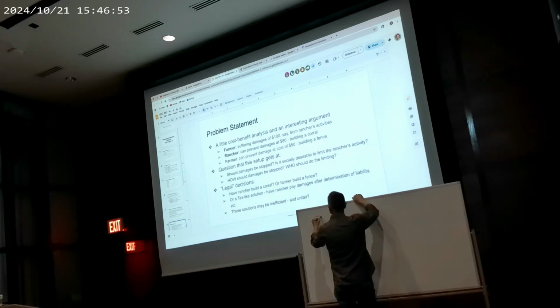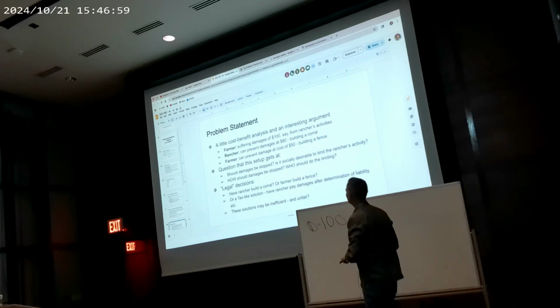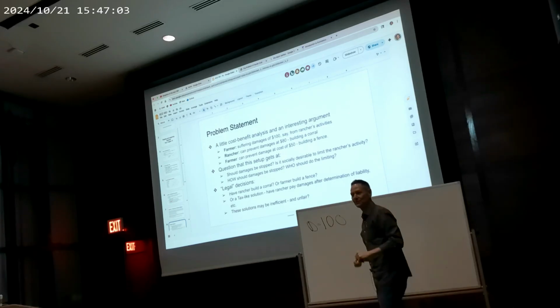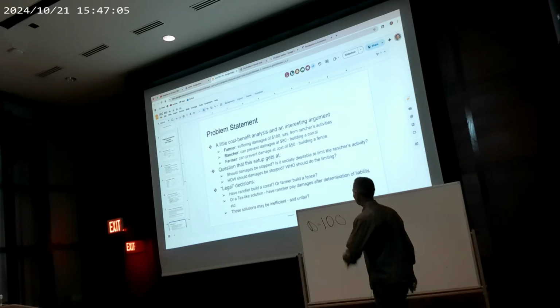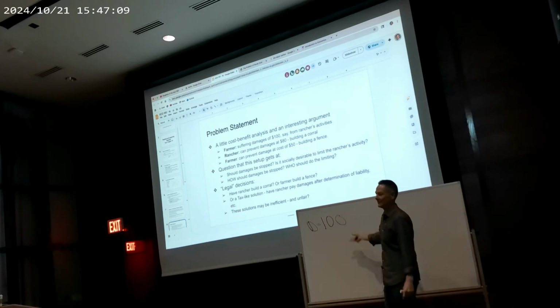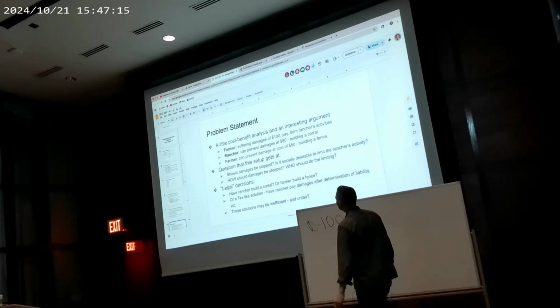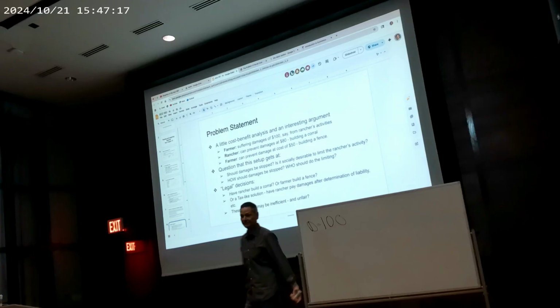So we have this situation where damages are equal to 100. To take up Coase's example, the rancher has cows that are running wild and destroying the farmer's crops to the tune of $100. It could be per day or per season, but we'll forget about time here.